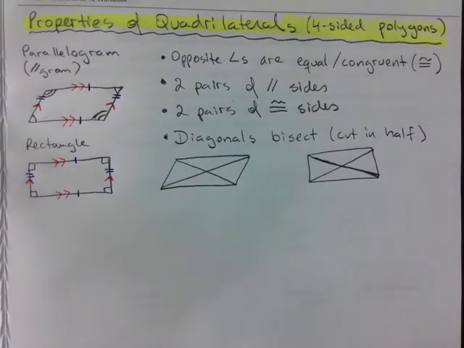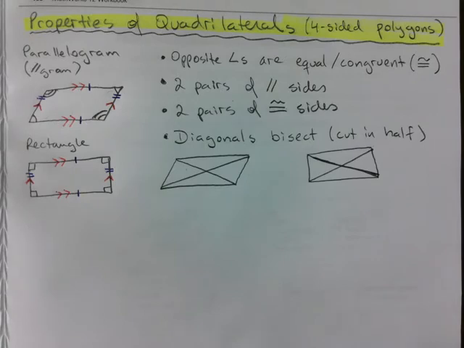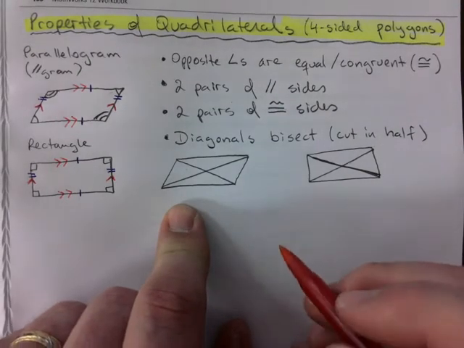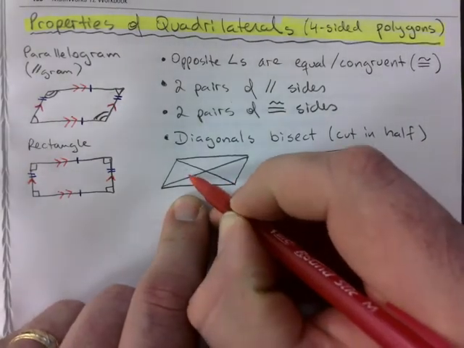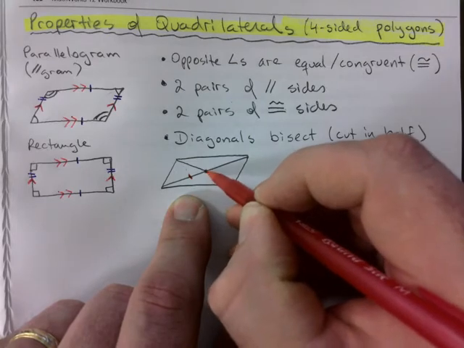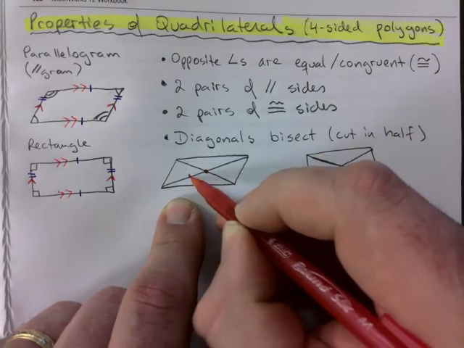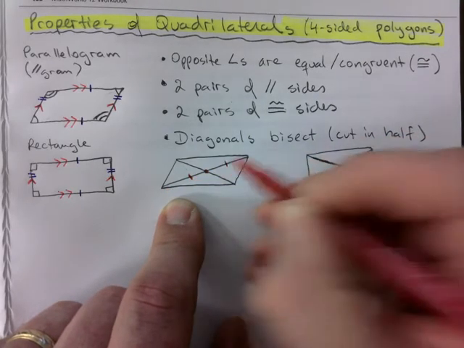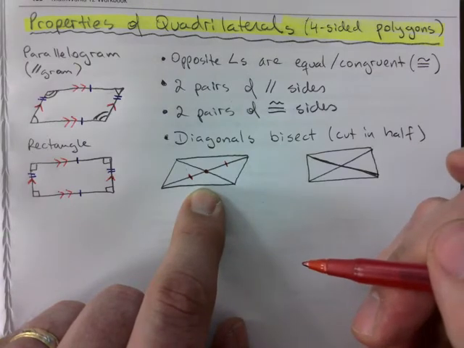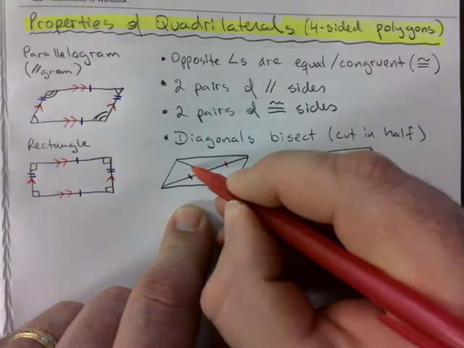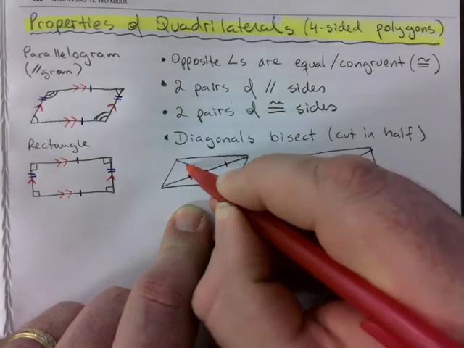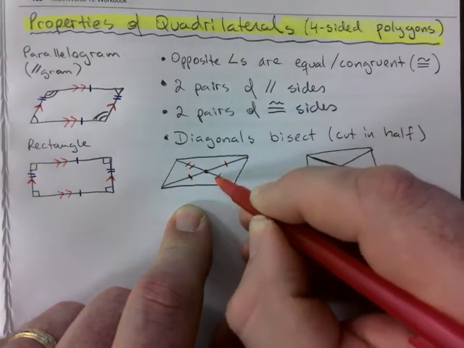Okay. And look at what I'm going to do here. This stretch right here from the center to the corner, this is going to be the same as this. And this one is going to be the same as this one.